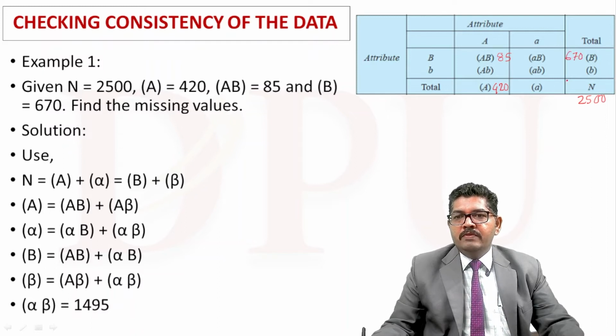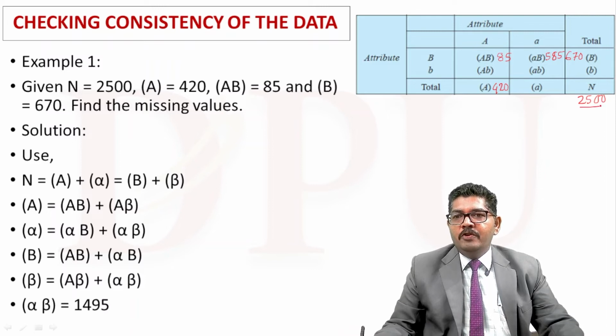From these values we can complete this table. 420 minus 85 will give us some value, and 670 minus 85 will be 585. So this value is 585.